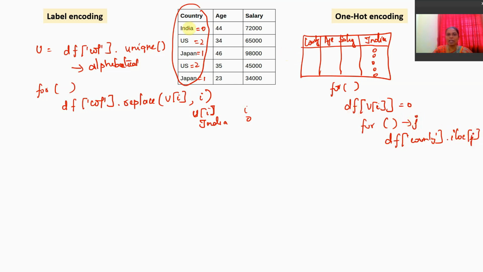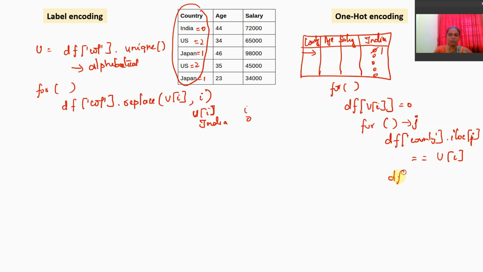I take the first value of the country and check if it is India. In the India column, I make it 1. The remaining columns I leave. So I take this iloc and check whether the value is u of i. U of i is India. I take the first instance of the country column and check whether it is India.